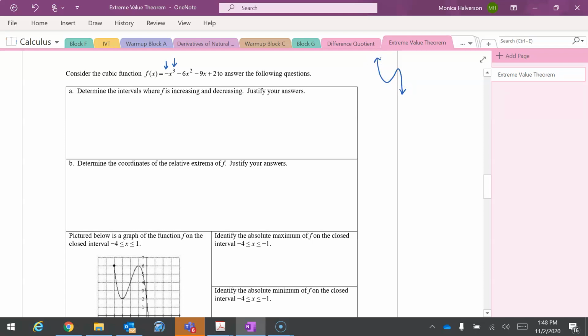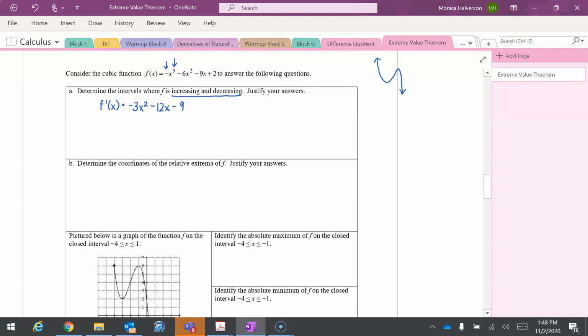So the first thing they ask us is to determine the intervals where f is increasing and decreasing and justify your answer. So right away, when we see the terms increasing and decreasing, we should automatically be thinking, oh, this is in relation to the first derivative. So we need to find the first derivative. The first derivative of f is equal to -3x^2 - 12x - 9.